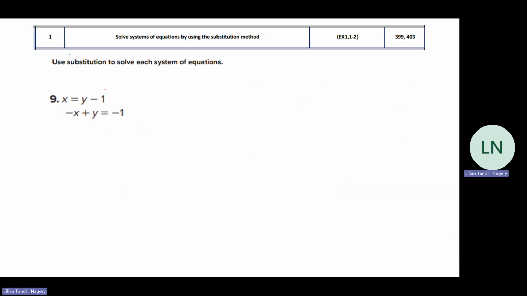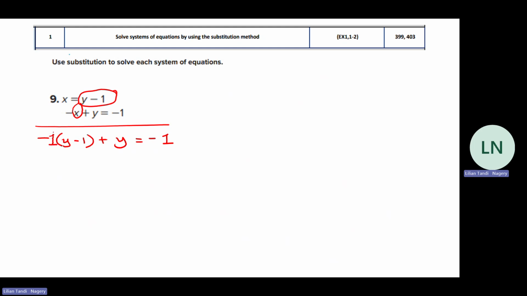Okay? All right, so we're still doing substitution. Here we are lucky, the equation starts with x. So I will take this and replace it here. So then I will write negative parentheses y minus 1 plus y equals to negative 1. Because I don't have a number here, I will put 1.